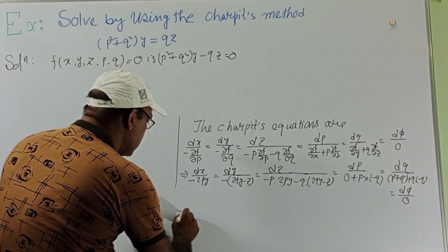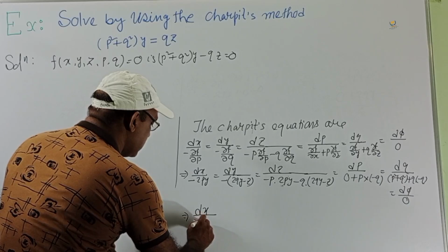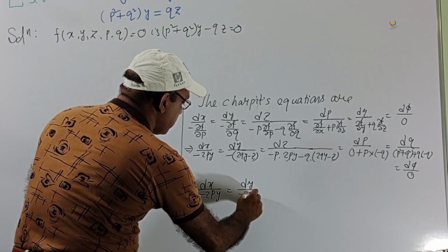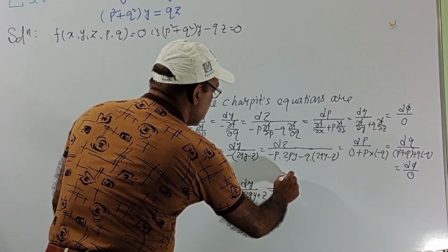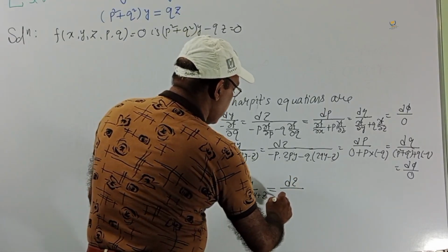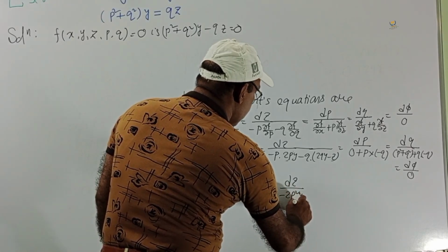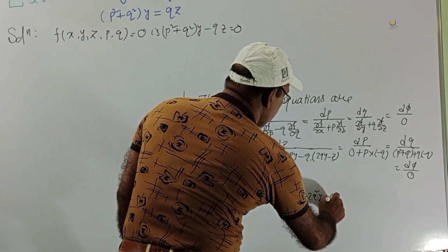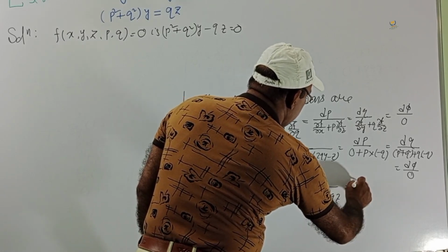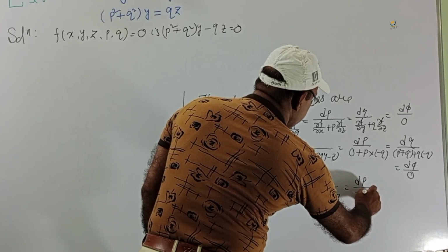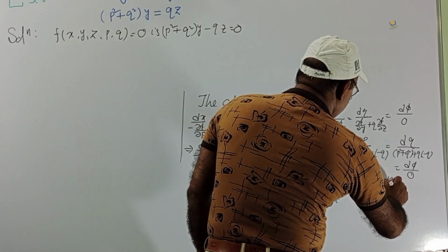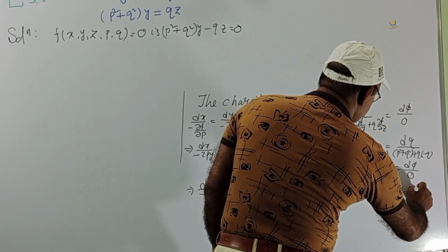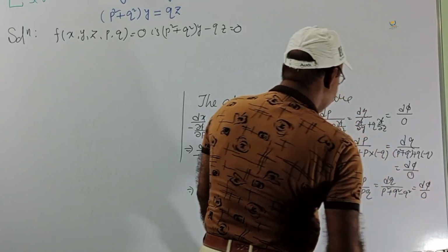So this implies dx by minus 2py, dy by minus 2qy plus z, dz by minus 2p²y minus 2q²y plus qz, and dp by minus pq, dq by p² plus q² minus q², and d phi by 0.